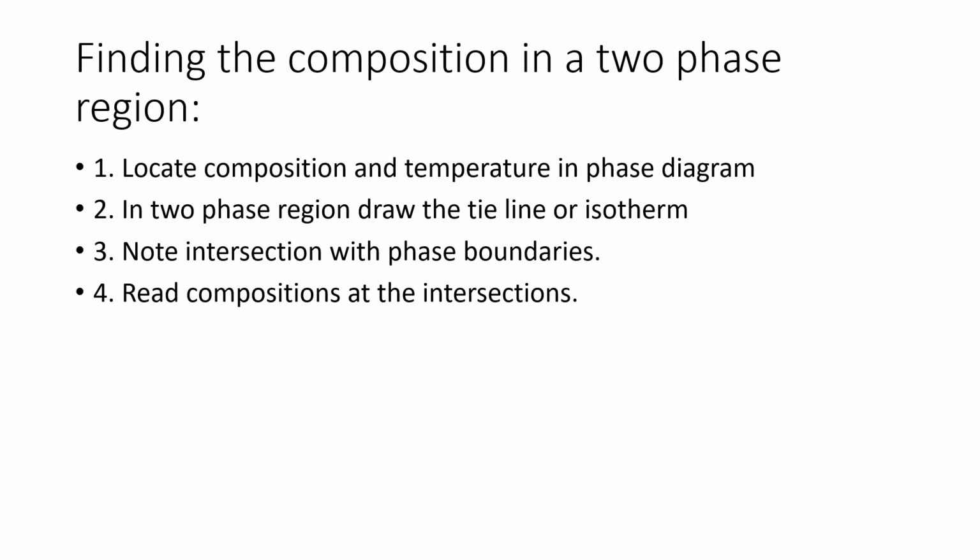These are the several steps which we will follow, and we must know about the tie line and isotherm. We have discussed the tie line and isotherm in the previous lecture. Without this we are unable to locate the composition in a two-phase region, because the two-phase region is a bit more complex compared to a one-phase region.